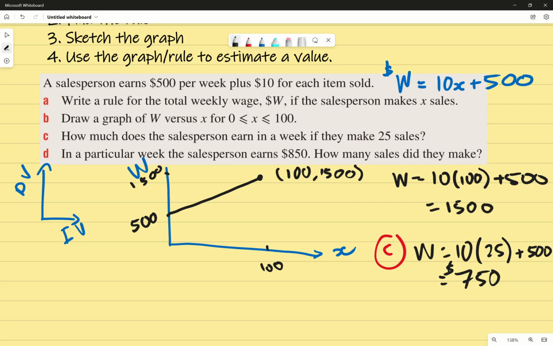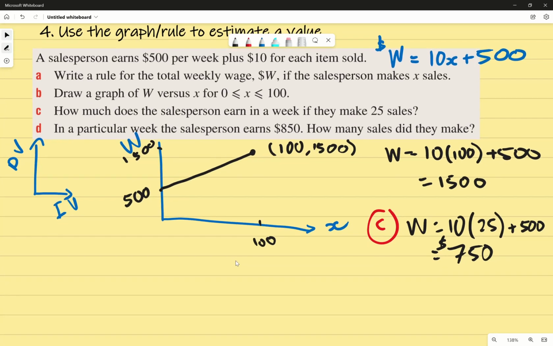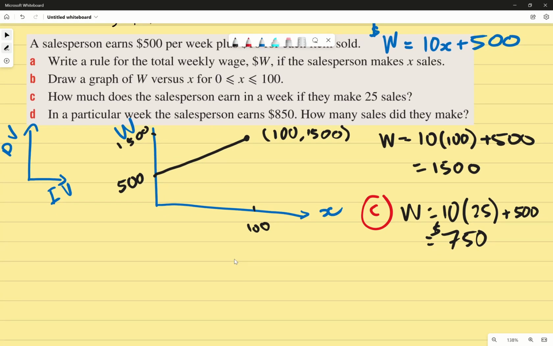Now, the last one here is a little bit trickier. It says, in a particular week, the salesperson earns $850. It's important for us to understand or identify which variable that is. So if they earn $850, which variable is that we're replacing? Thank you. The W, the wage, not the number of items sold.